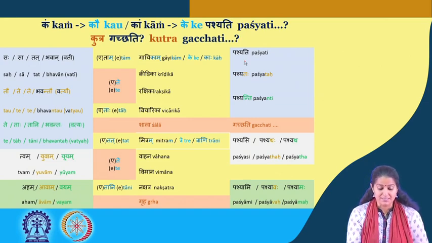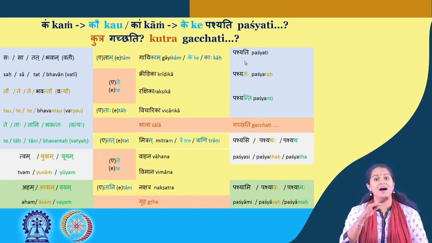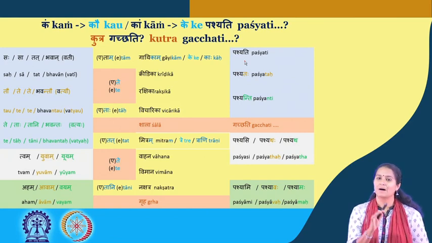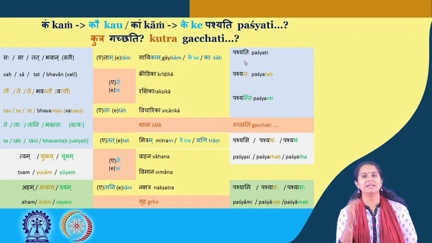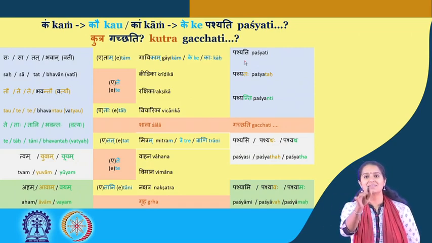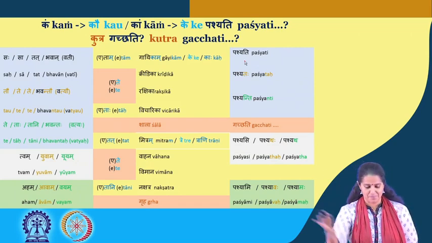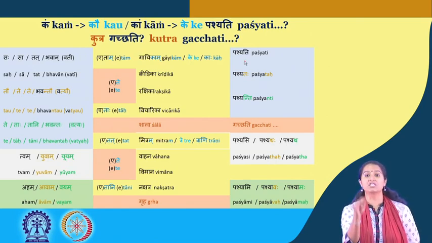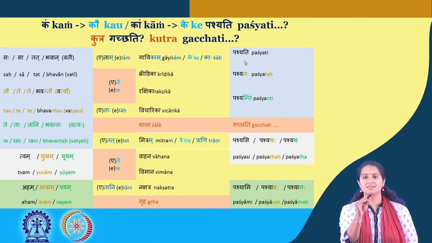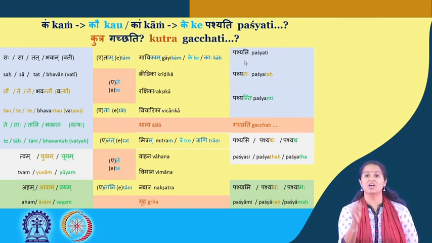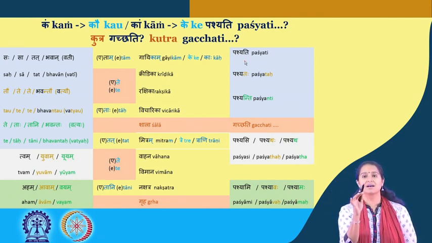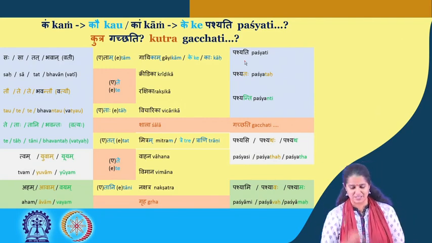And then plural, saha taha gayikaha pashyati. Like we did in the previous case, we will only stick to the singular and the dual cases. So, saha tam kridikam pashyati, saha te kridike pashyati. Uttamam. Saha tam rakshikam pashyati, saha te rakshike pashyati. Uttamam. Saha tam vicharikam pashyati, saha te vicharike pashyati.